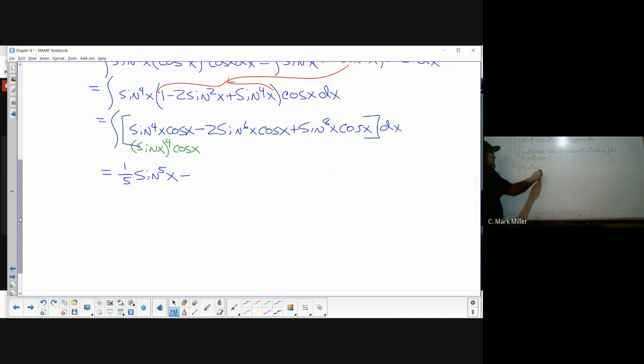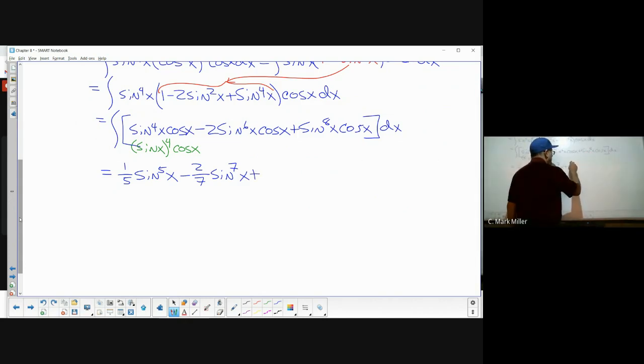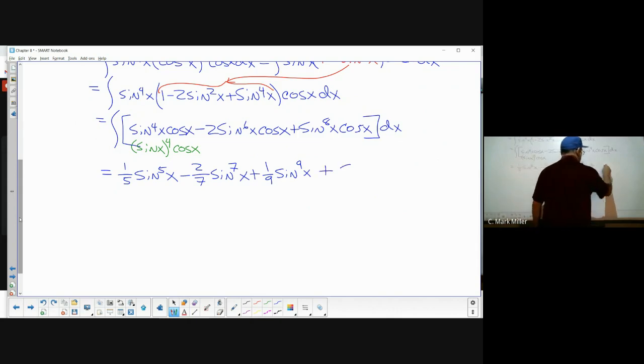So it's going to be minus 2 divided by 7 sine to the 7th. Then sine to the 8th goes to sine to the 9th divided by 9. All plus c.